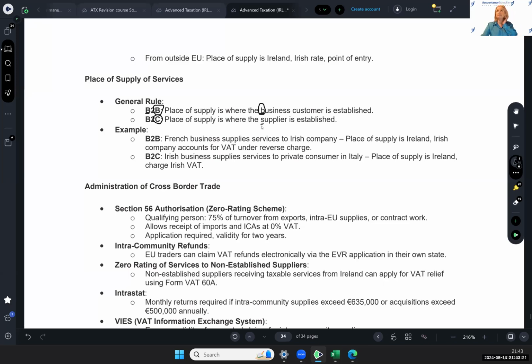If a business is supplying services to a consumer, they could have consumers all over the EU. It would be ridiculous for the supplier to have to be registered in every single country in which they've got a customer. So doesn't it make sense that you just charge the customer your home country VAT rates? Okay.